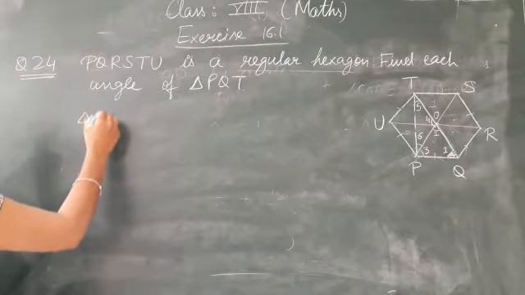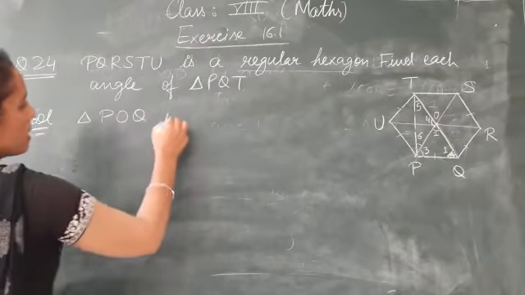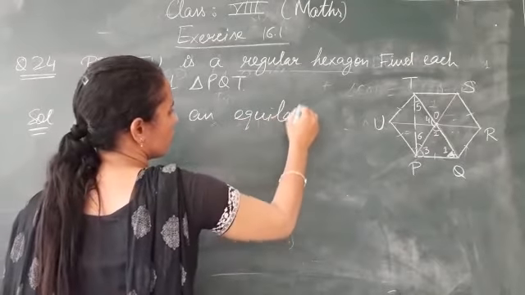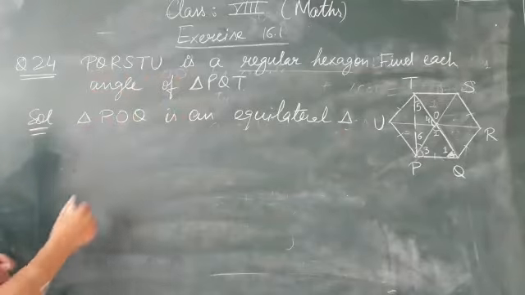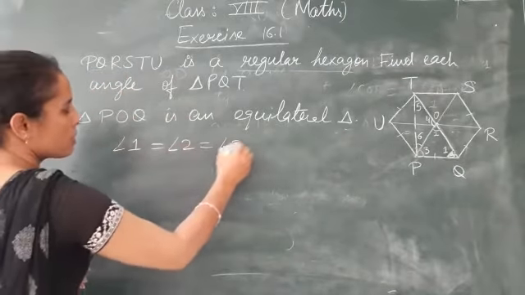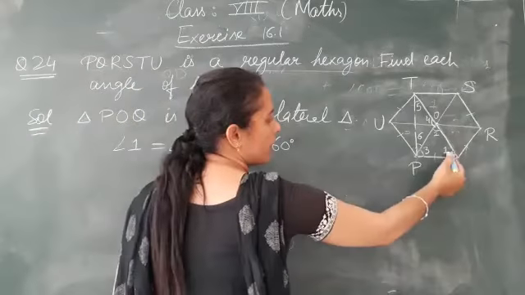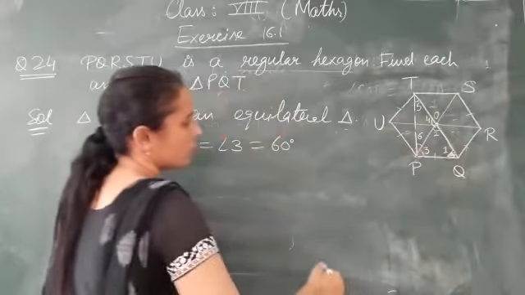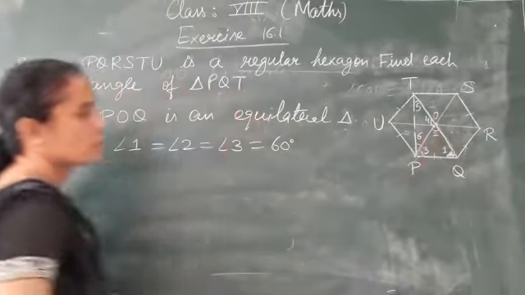Triangle POQ is an equilateral triangle. If this is an equilateral triangle, then angle 1 of this, angle 2 of this and angle 3 of this, each will be of 60 degrees. These all angles are of 60 degree measure because this is an equilateral triangle. Now see, angle 2 and angle 4, these are on a straight line.